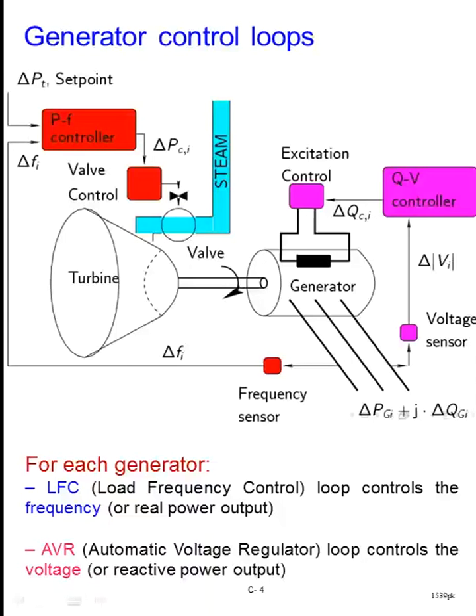But if there is a large disturbance on the system, including the generator, then since the generator is nonlinear, we observe a nonlinear behavior, and in some way there exists a coupling between the voltage control loop and the frequency control loop.